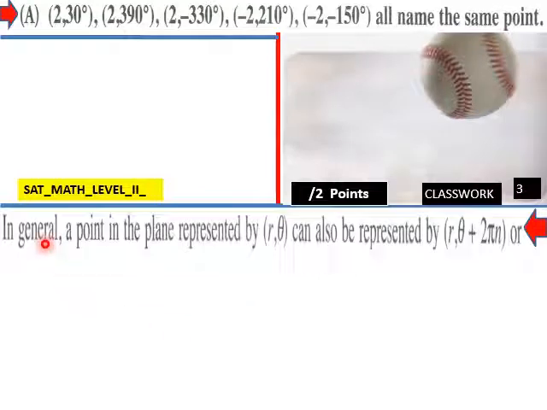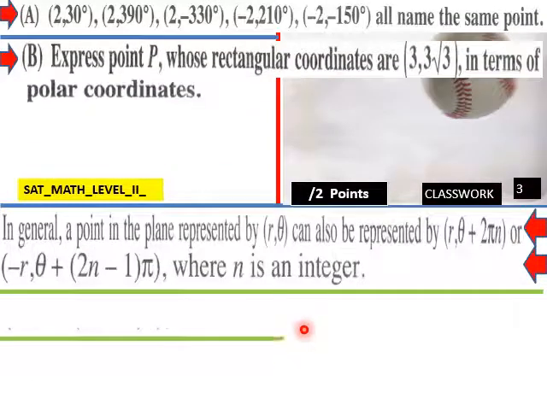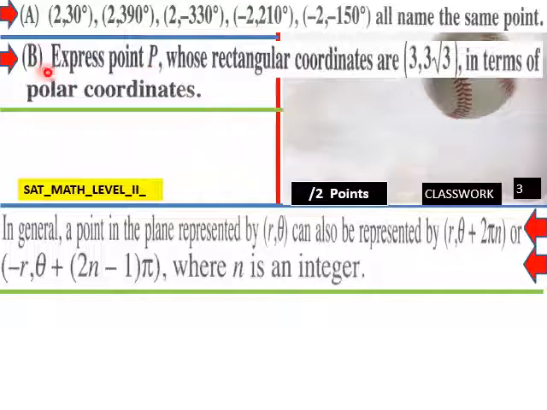In general, a point in the plane represented by (r, theta) can also be represented by (r, theta plus 2 pi n), or (negative r, theta plus (2n minus 1) pi), where n is an integer. So you could rename it in an infinite number of ways by how many times you go around in a circle on the coordinate plane.